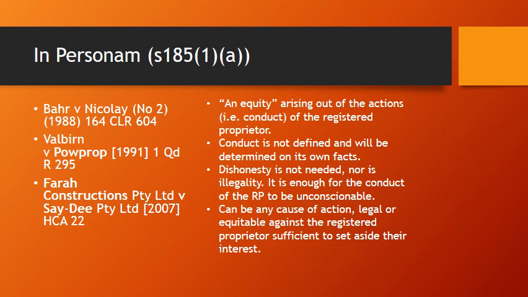I would say that the tip to investigating this circumstance is that normally you'd look at factual scenarios and fraud and in personam come up at the same time. In other words, the issue that you'd set out for the examiner would be, does fraud arise here? Has the registered proprietor been fraudulent in obtaining their interest? Question mark. If they haven't, have they nevertheless fallen foul of section 185(1)(a), that is the in personam exception?